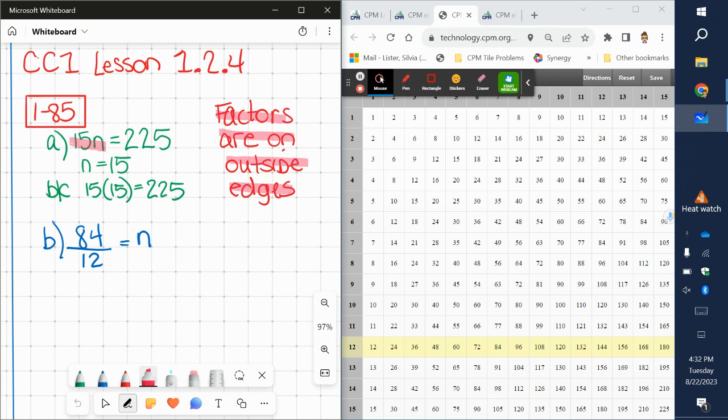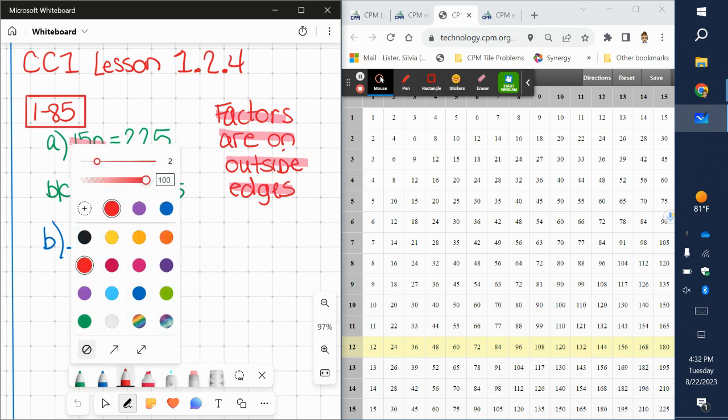The catch is that you don't necessarily have factors when you have division. So you have to be able to know which number's on the outside and which number's on the inside. The product, or the answer to the factors, is on the inside.